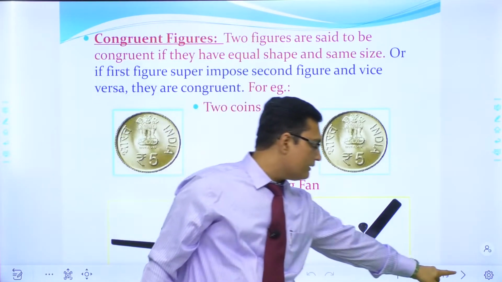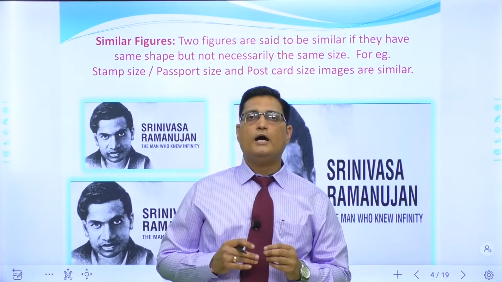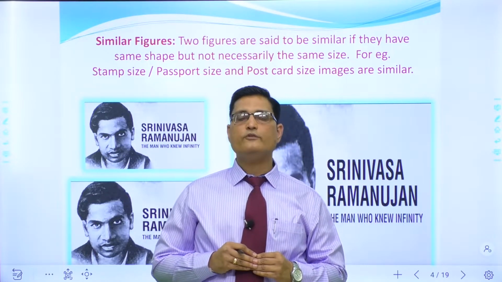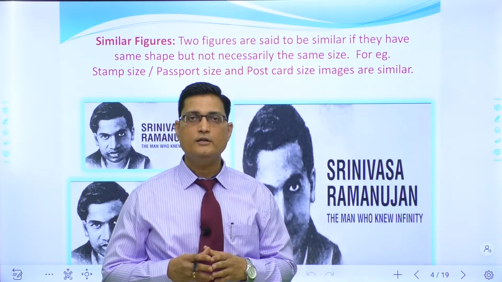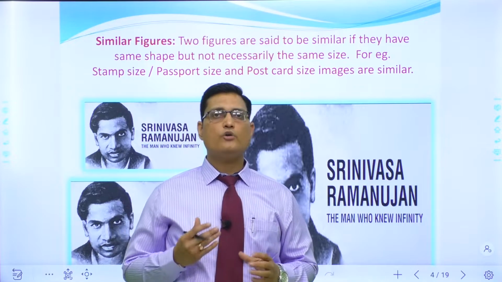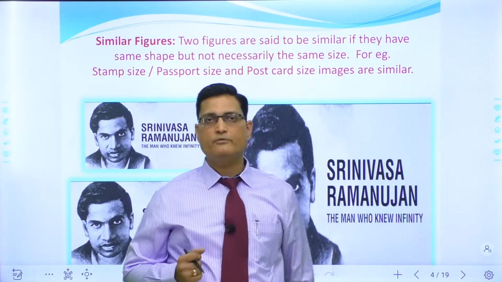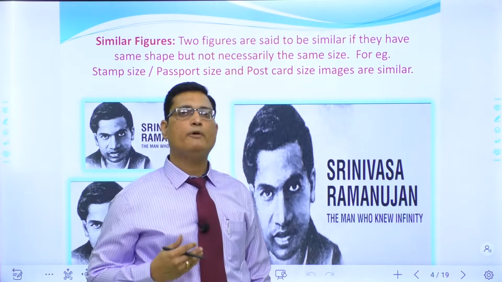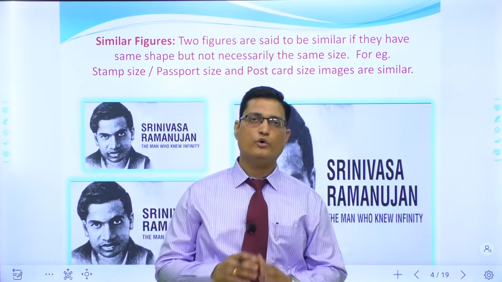Now let's go for similar figures. Two figures are said to be similar if they have equal shape but not necessarily the same size. Let's talk about photographs. You have stamp size photographs, sometimes passport size photographs, and sometimes postcard size photographs.